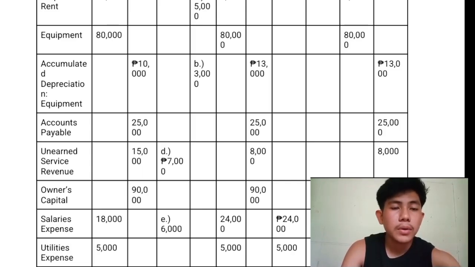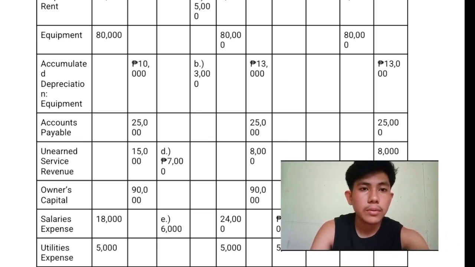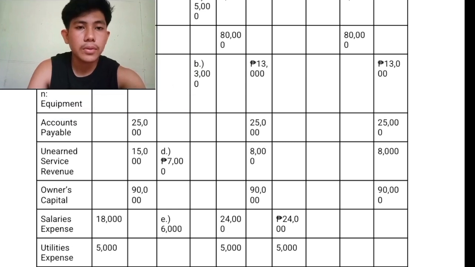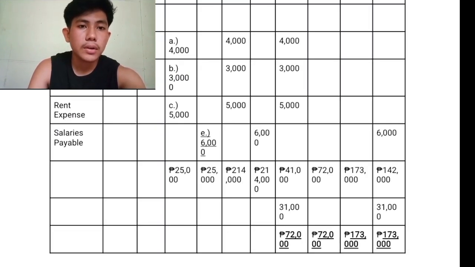After that, we're going to extend the expenses and revenues to the income statement. After we transfer the expenses and the revenues to the income statement, we're going to put the amounts to know if we have loss or profit.